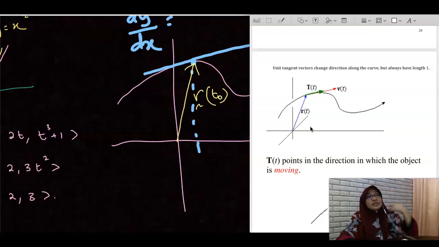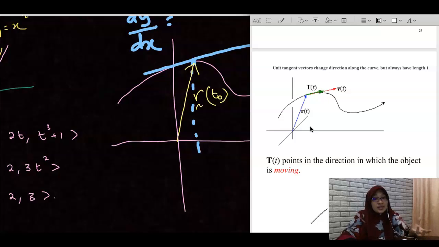If someone asks you what the unit tangent and the tangent vector are: the tangent vector is v, and they have the same direction but different magnitude. Of course they have the same direction because we get the unit tangent from the tangent vector. Remember, this v is actually r prime, and v over its magnitude is the unit tangent, or r prime over the magnitude of r prime.